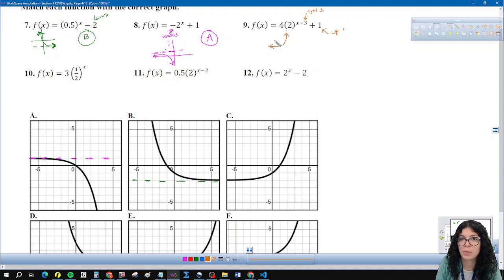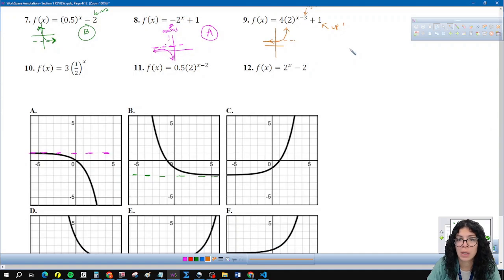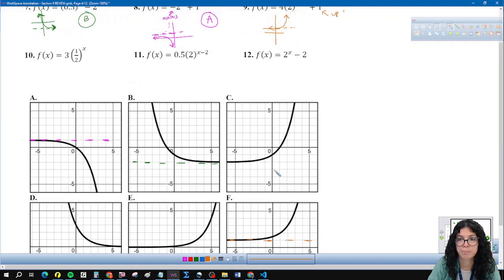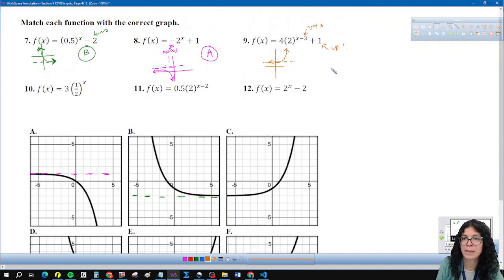So it is going to look a little bit more to the right and up 1 unit, which means that the horizontal asymptote will be at y equals 1. So looking for a growth function that has the horizontal asymptote at y equals 1, and it looks like it's shifted to the right a little bit, would be F. So number 9 is F.